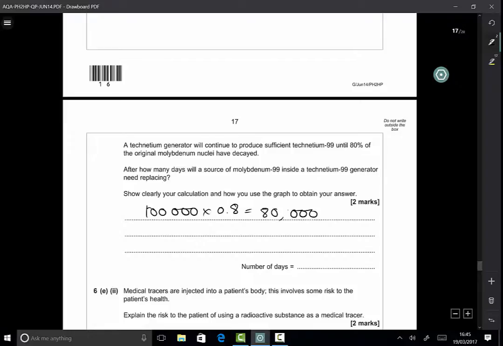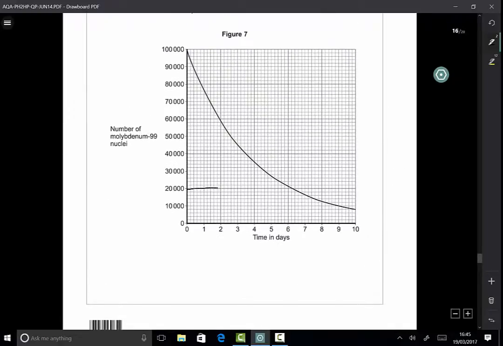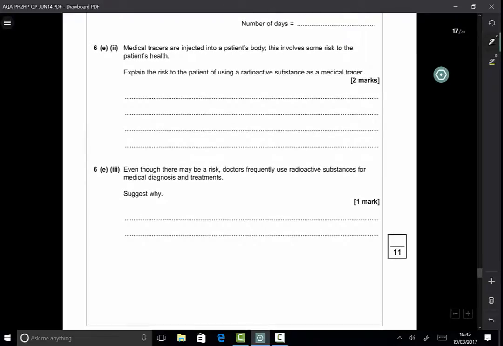So we're looking for when there is 20,000 left. So we're going to go back to our graph, go across at 20,000 and down very carefully, obviously following the line there. And that's gone to one small box. There are 5 small boxes between divisions, so that's going to be 6.2 days.